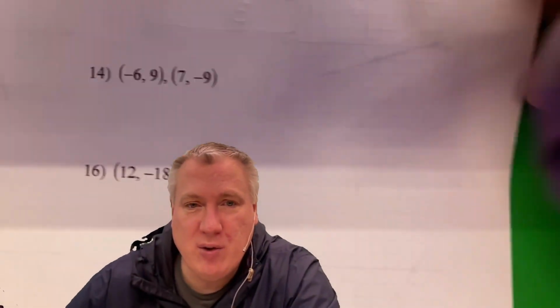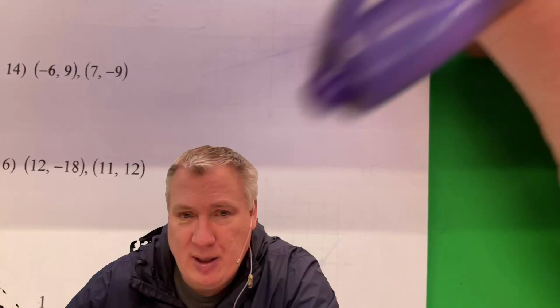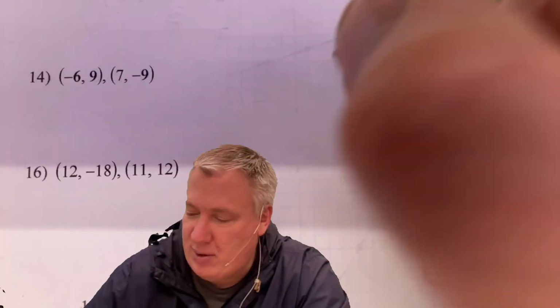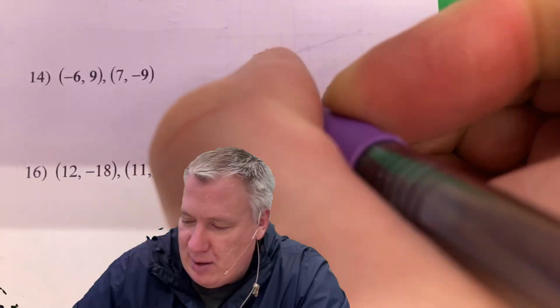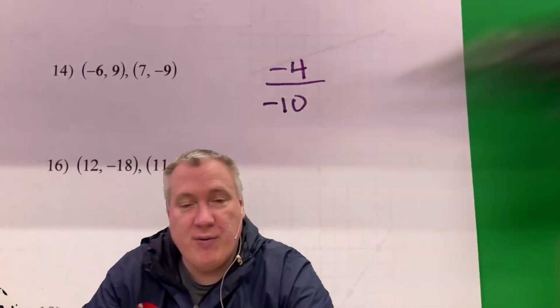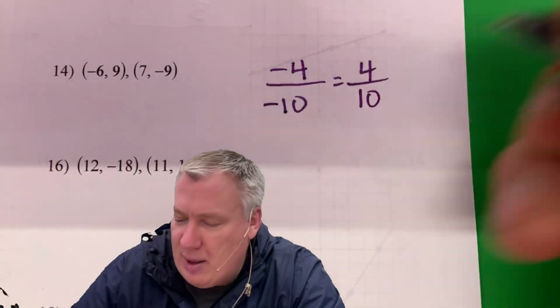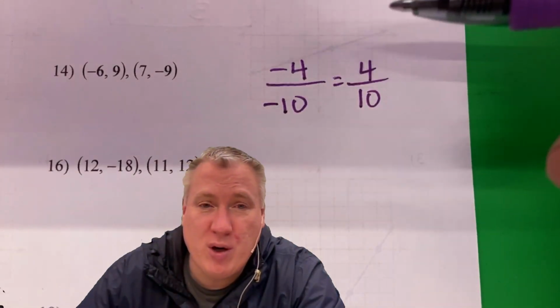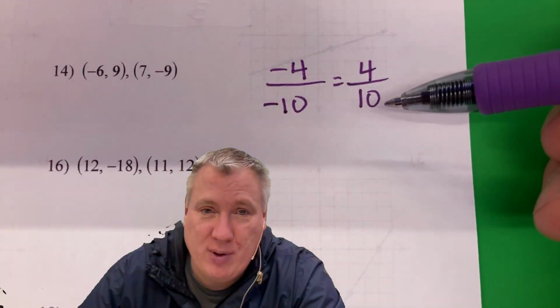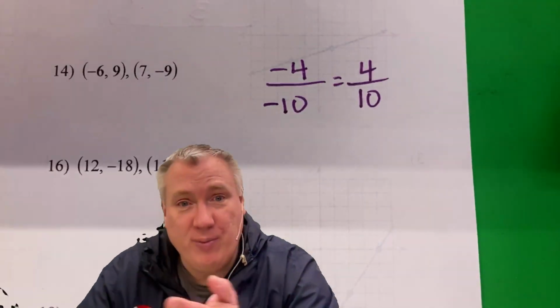I do want to note one thing, and that is if you come across a scenario, say like you get, I'm just going to make one up here, say you get to this spot. Well, first, a negative by negative is a positive, so that's just 4/10. But then the other thing is if a number will go into the top and the bottom, then you should simplify it.